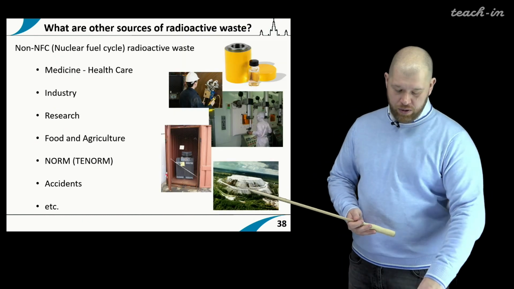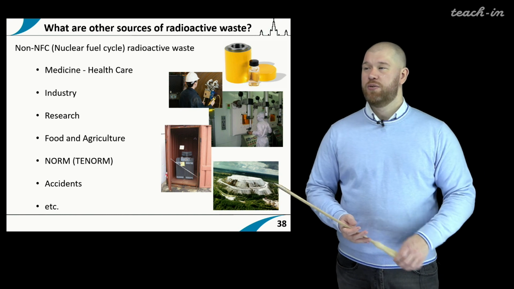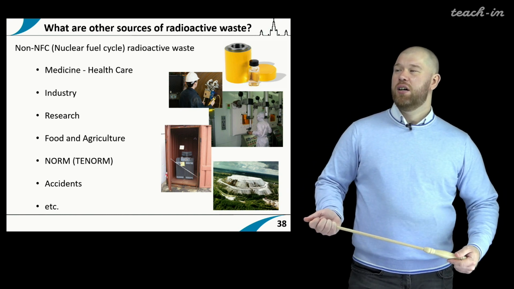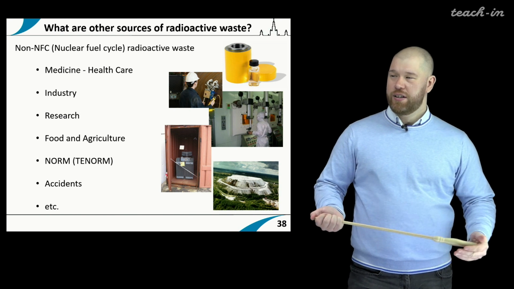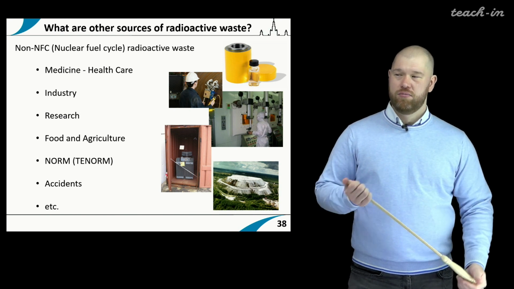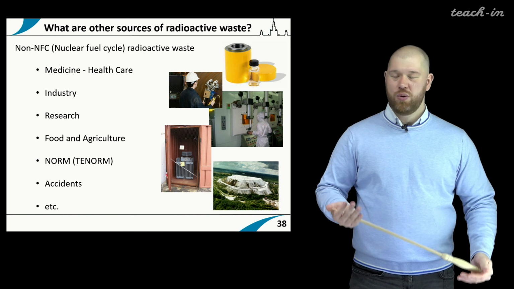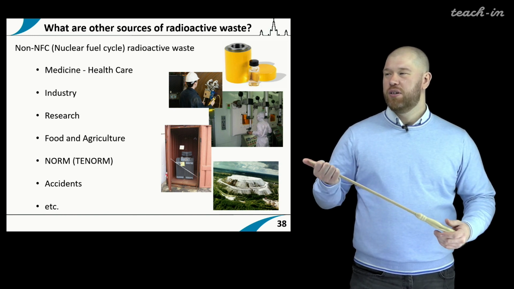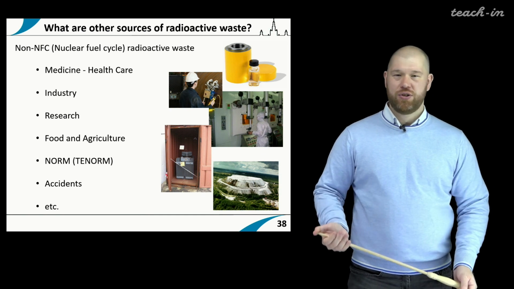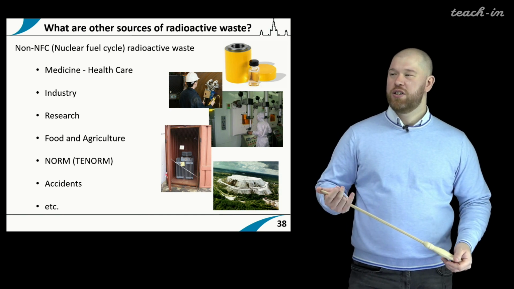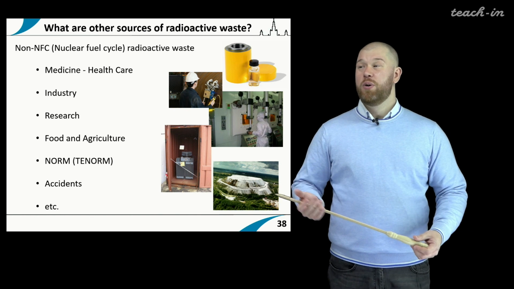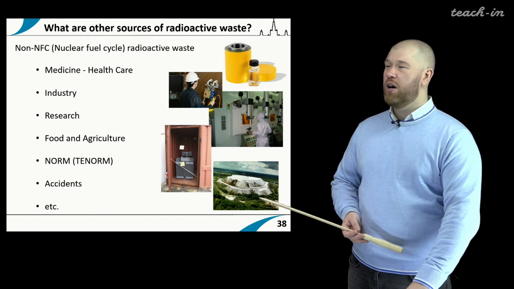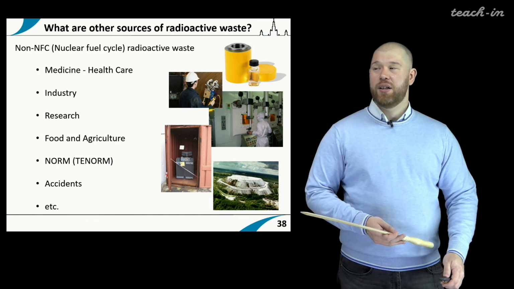Yes, there are of course other sources of radioactive waste, as I mentioned in the beginning, that at every step when we use radioactive material, either for industrial application, research application, medical application, or whatever, we produce radioactive waste, and we have to know how to handle it safely.